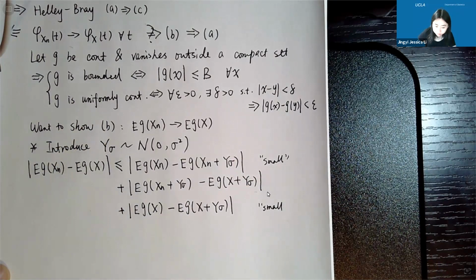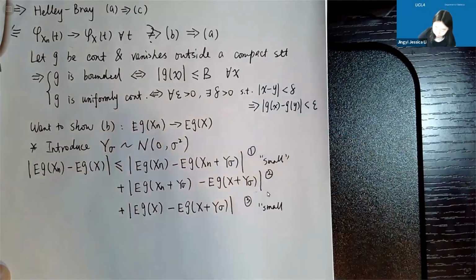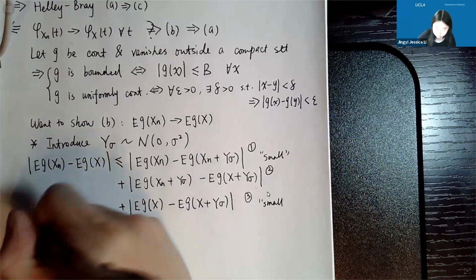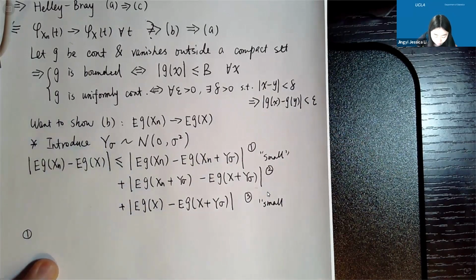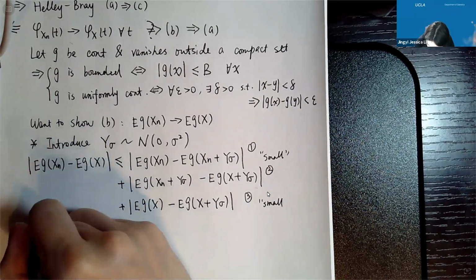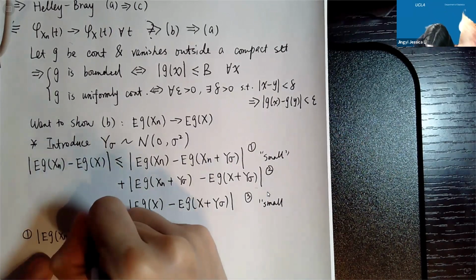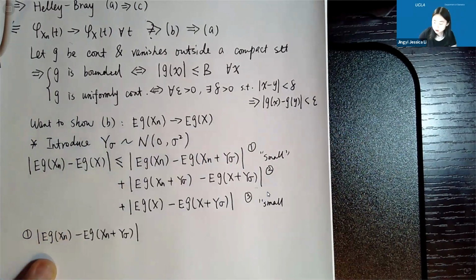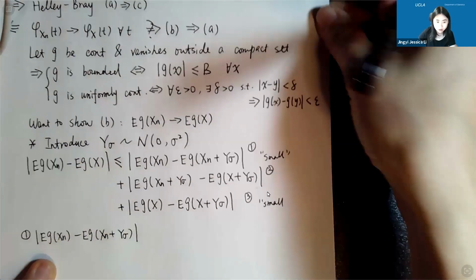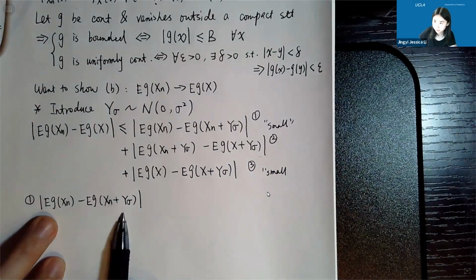So these 2 things will give me why it's very small. Let's look at the first term; maybe I'll call these 1, 2, 3. For the first term, I can use another trick we have used before: we can get an upper bound by moving the absolute value inside the expectation.